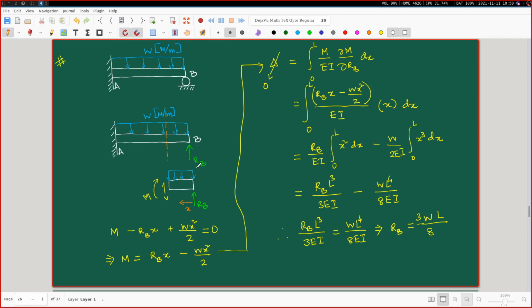And then we pretended that we are going to determine the deflection in response to this RB, and we did the exact steps which we always do when applying Castigliano's theorem. We took the strain energy associated with bending of the overall problem, and then we took a first partial derivative with respect to the force, the point force, which is this RB itself.